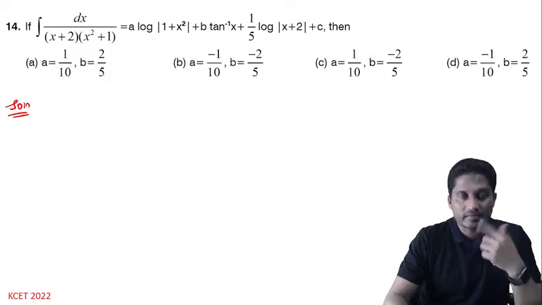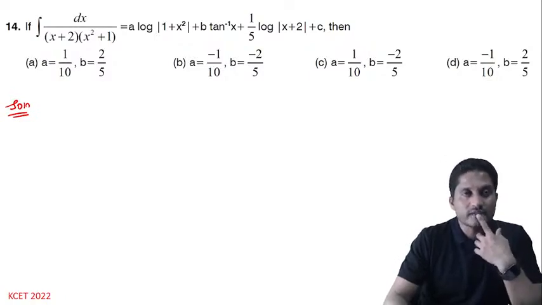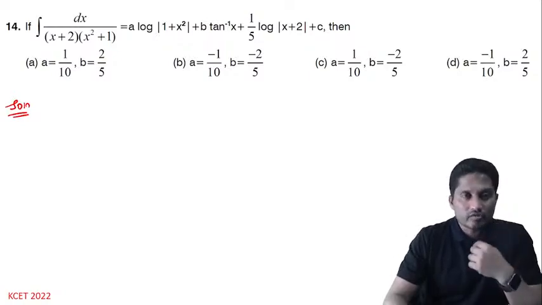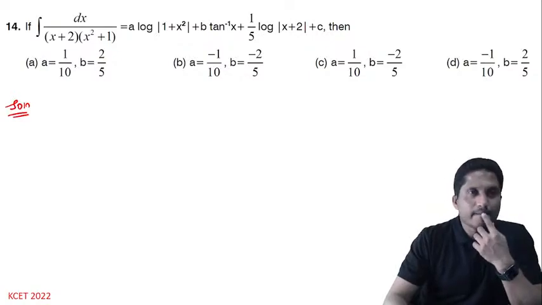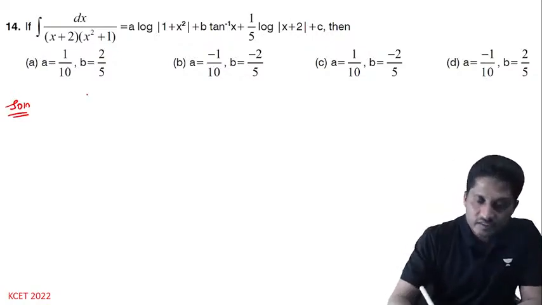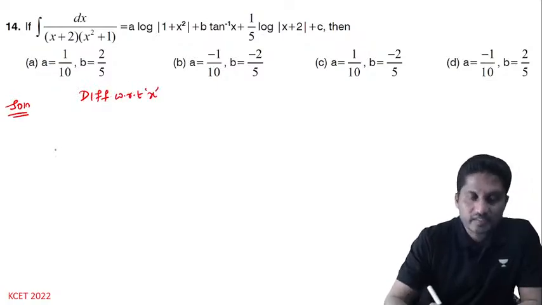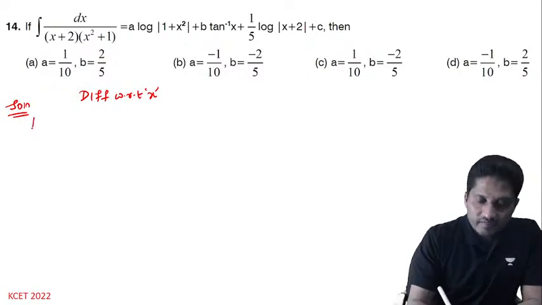I'll do those questions in my next session, next videos, where I'll do that NCERT exemplar questions. Either you can use the first method, or if I differentiate this with respect to x, integral sign will vanish. That is 1 by x plus 2 into x square plus 1.